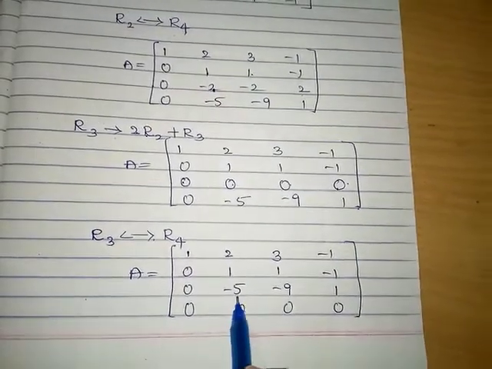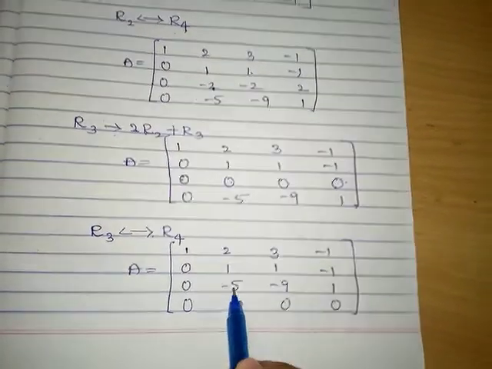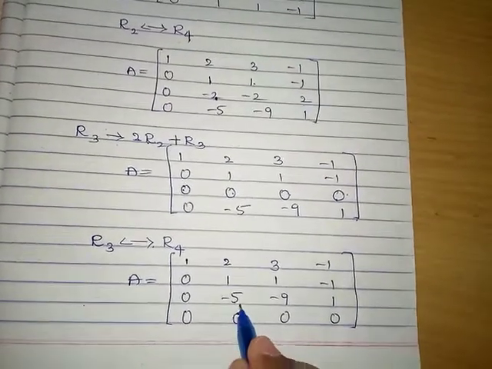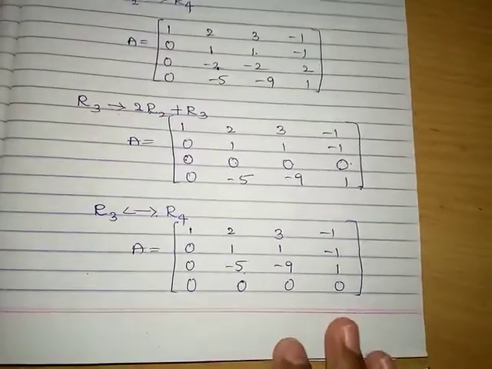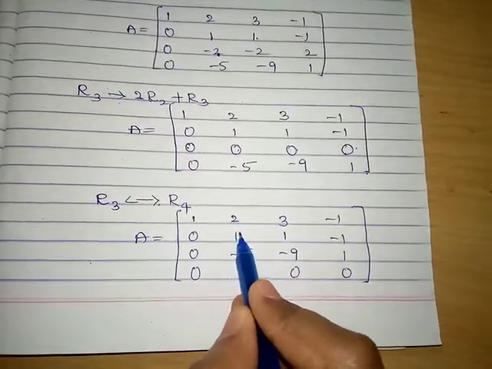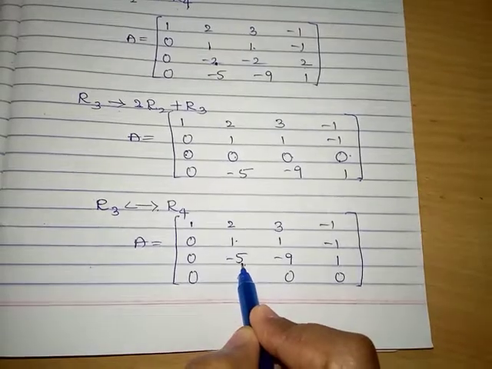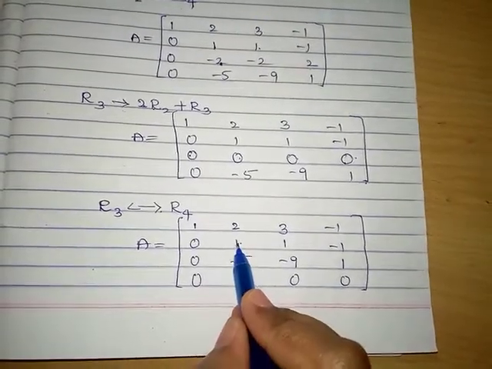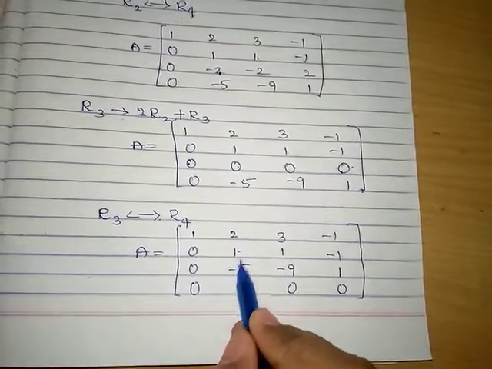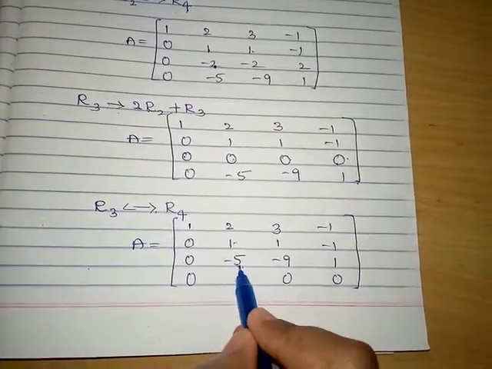Now we have to reduce this element to 0 to get the required echelon form. For that I will multiply R2 by 5 and then add it to R3. When we multiply 5 to this one, it will be 1 into 5, 5, plus minus 5, 5 minus 5 is 0.